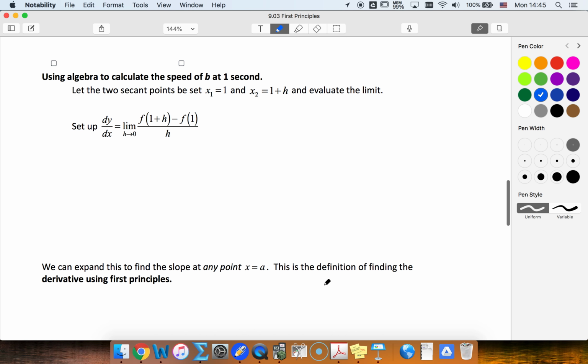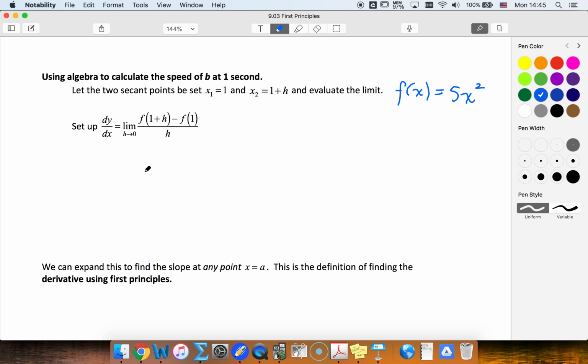So as we saw, we're bringing our points closer and closer together. So we want our limit to be approaching 0. So let's go ahead and calculate this out. So our f of x was 5x squared.